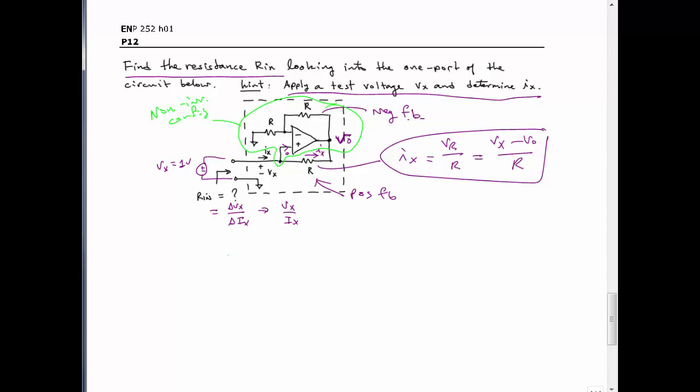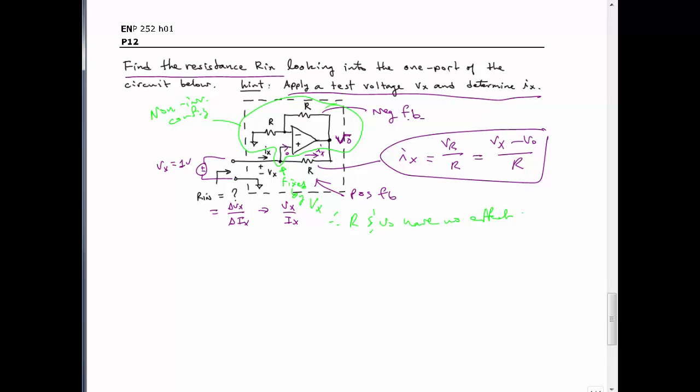But in this case, because we've applied a test voltage Vx, the test voltage Vx actually forces the voltage at the non-inverting input right here. This voltage is fixed by Vx. So therefore R and VO have no effect on it. And so for that reason, you can ignore the positive feedback resistor R when determining what VO is.